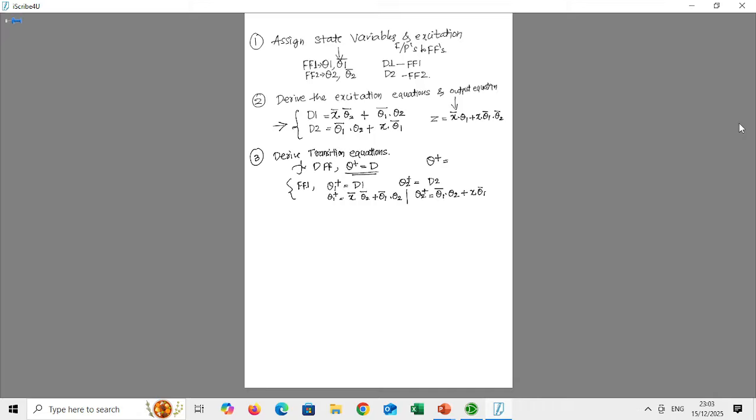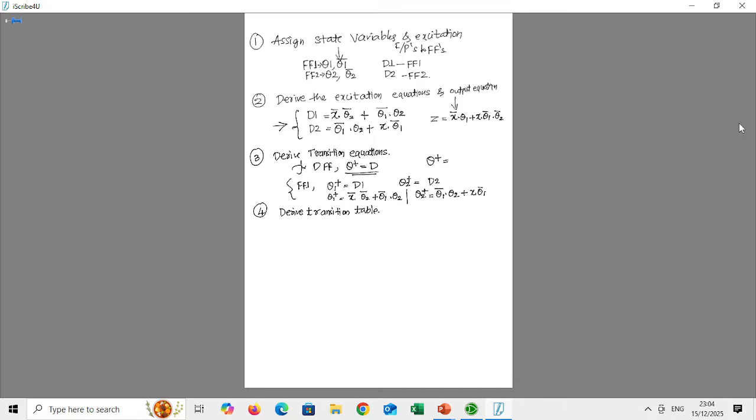Now let's go to step 4. In step 4, we have to prepare a transition table. The transition table documents the transition and output equations in columnar format.